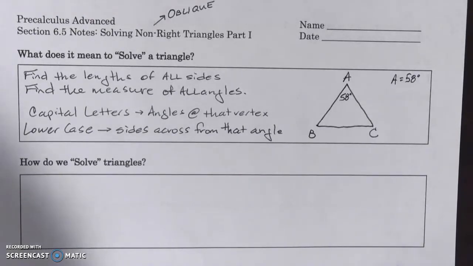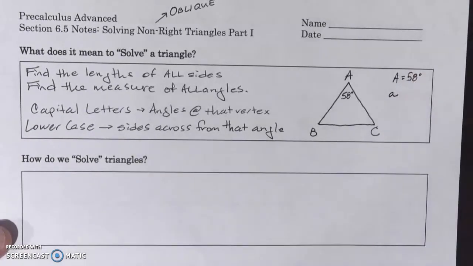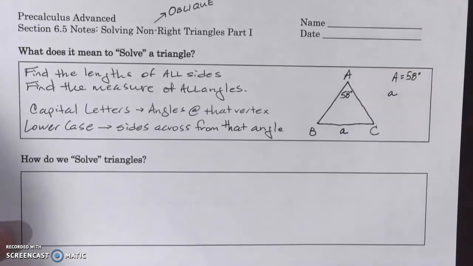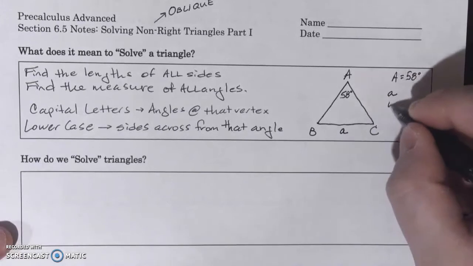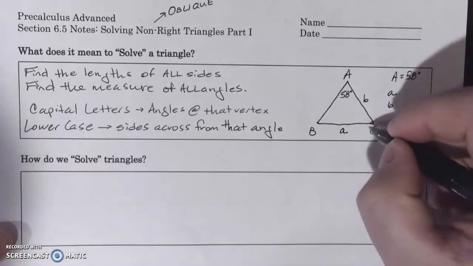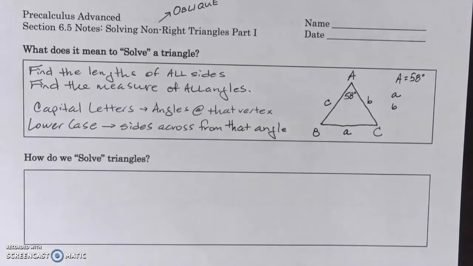Okay? And then our lowercase letters represent the side lengths across from those angles. So lowercase a would be across from angle A. And lowercase b would be across from capital B or angle B. And little c would be across from capital or angle C.